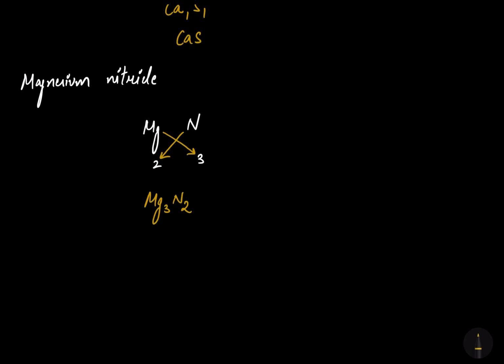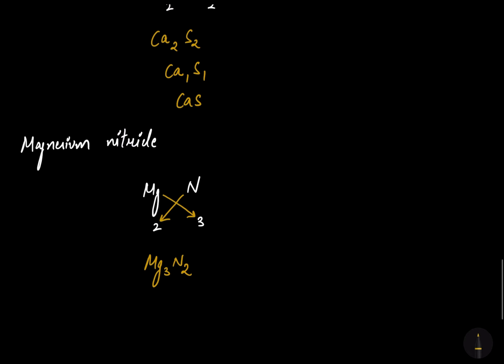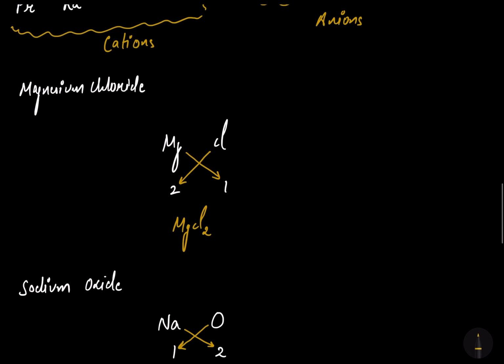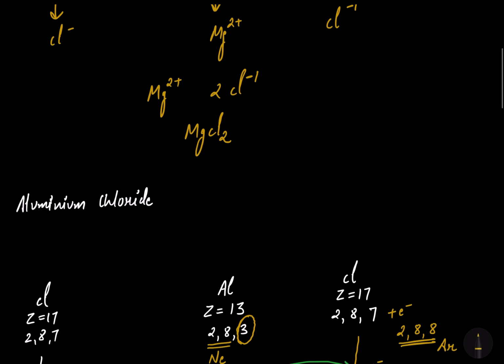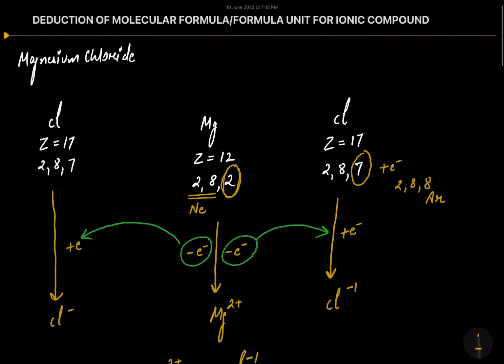So it's the simplest whole number ratio, 3 and 2. We got the molecular formula or formula unit for magnesium nitride to be Mg3N2. So that's all for today. I hope you got both the tricks of finding the molecular formula or formula unit for an ionic compound.